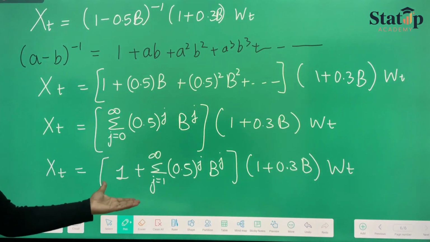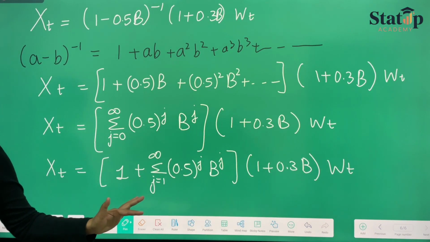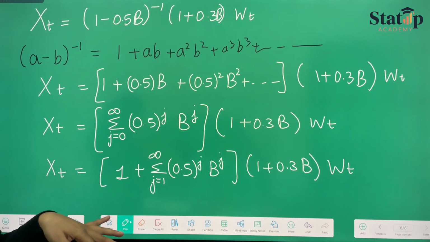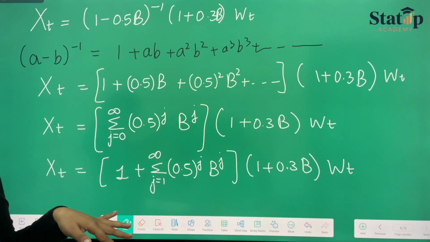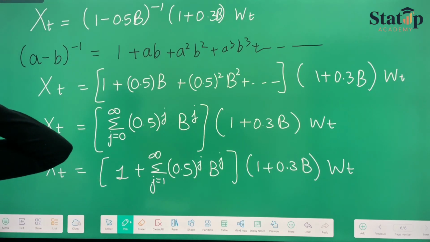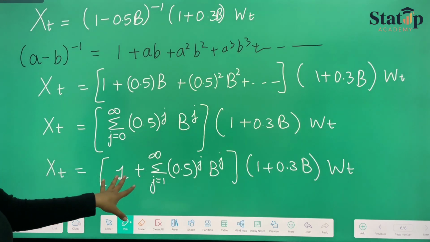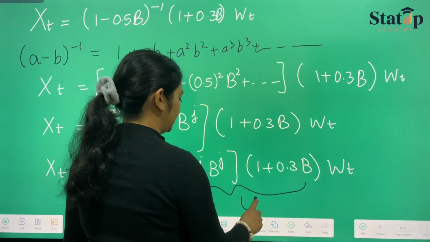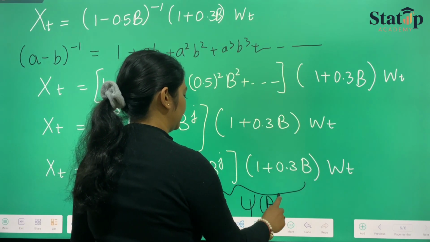I'm taking the zero term outside and this can be opened like this. And when this is opened like this, we can state that all of this is nothing but phi b.